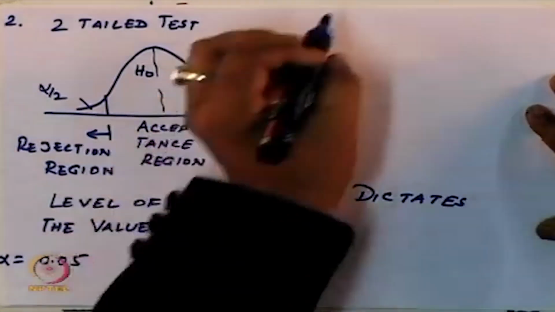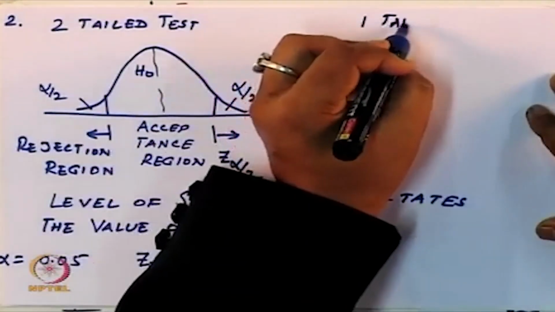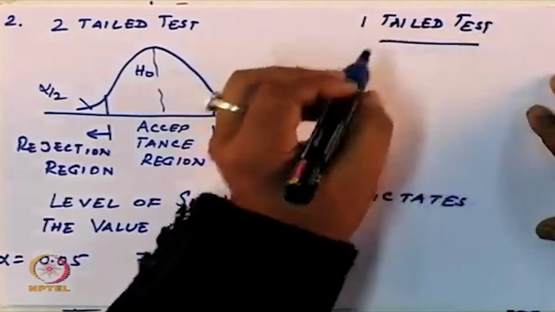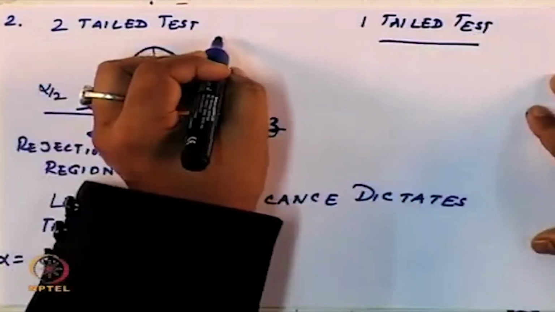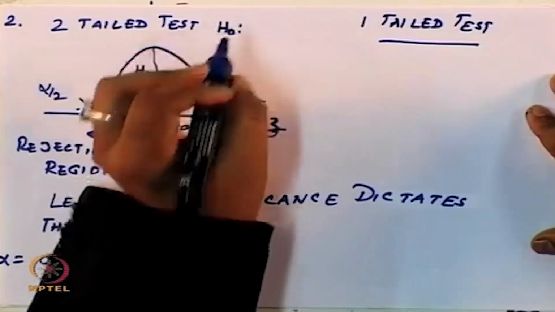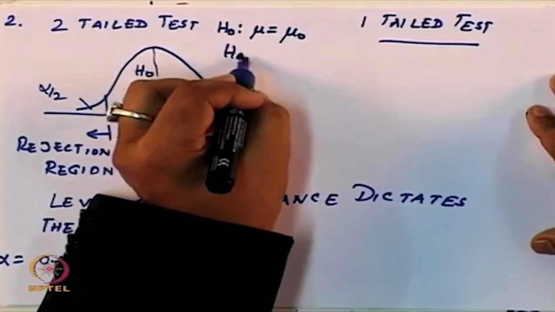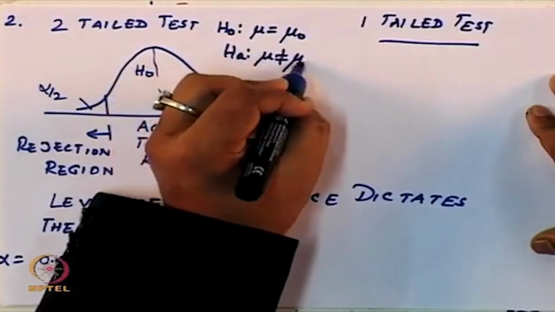And for the one-tailed test, here in case of two-tailed, my null hypothesis is mu is equal to mu naught and HA is mu not equal to mu naught.